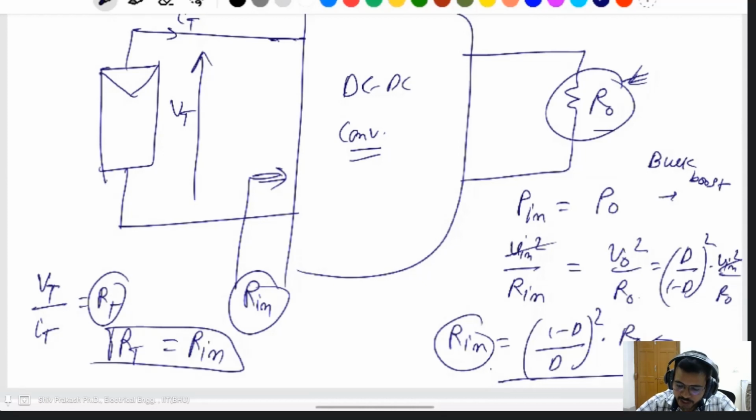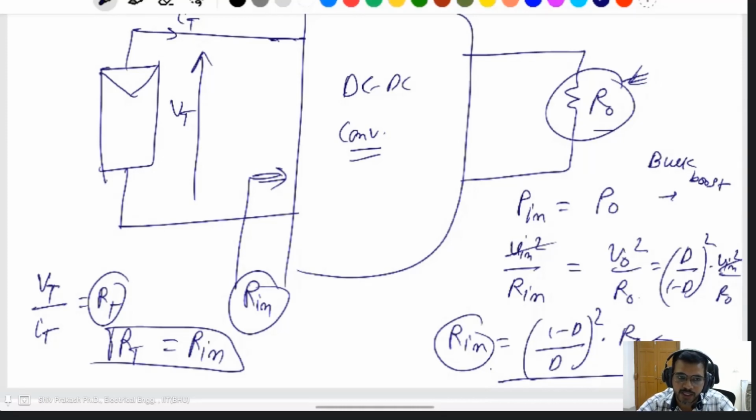But sometimes if we change the duty cycle, the current or voltage also changes, and at that time Vt and It also change. Vt and It are already changed. It is not fixed for the solar system because of the insolation. Current and voltage change at every time, every point.